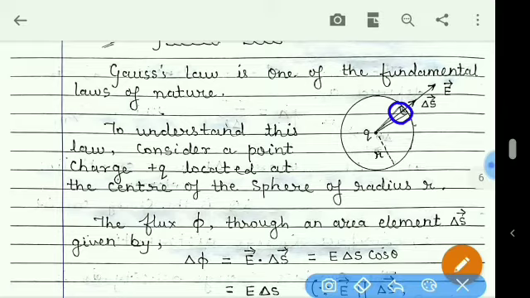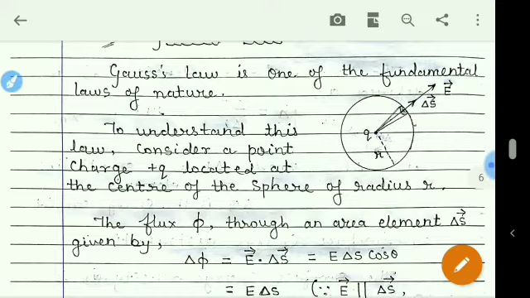From this surface, the electric field due to this charge will be directed outwards. You can see the direction of the electric field from this small surface.